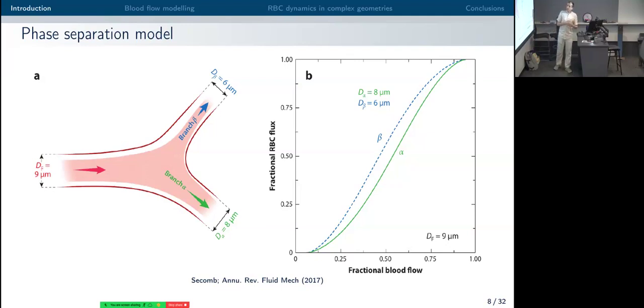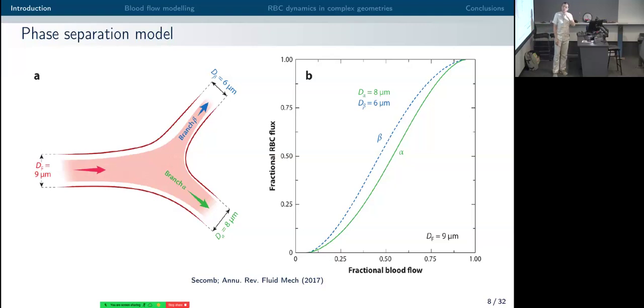But because of this finite size effect, you get a biased curve instead, which tells you that at relatively small fractions of blood flow, you might actually have no red blood cells going into a branch, right? So if you look at, let's say, 0.1 on the x-axis, you still have 0 for the red blood cells.